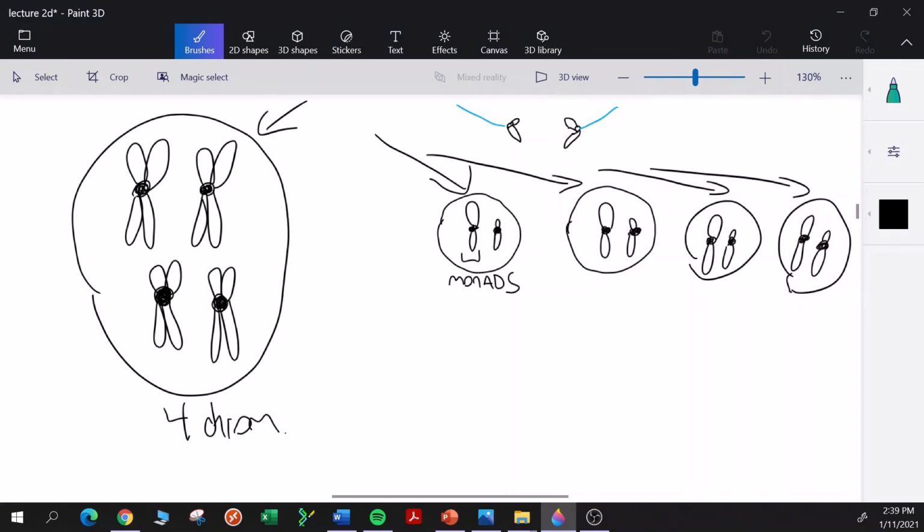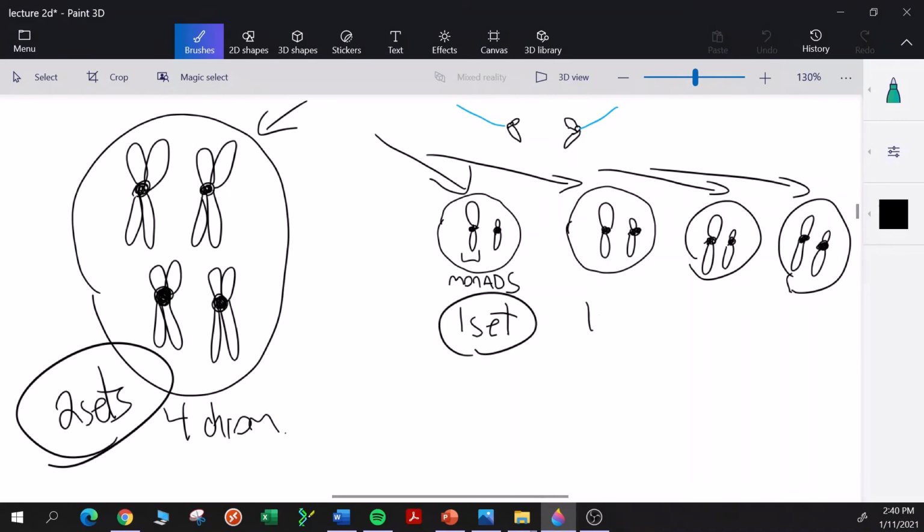And what did we say? The main purpose of meiosis is to reduce the number of sets of chromosomes in half. So we have 4 chromosomes over here, 2 sets. And how many sets do each of these have? Each of these has 1 set.